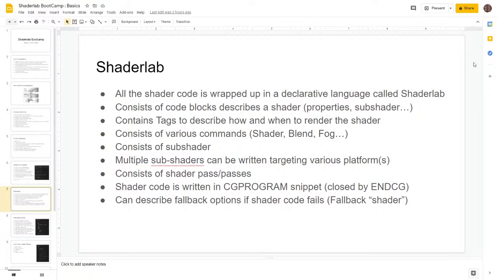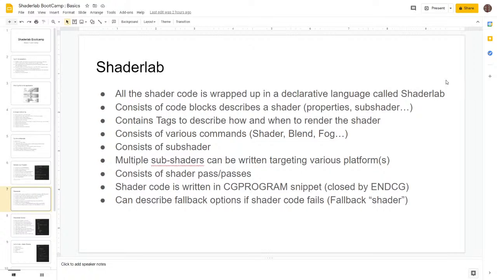This is where your CG program will go. The CG program you saw earlier was basically a piece of programmable function pipeline modification that goes inside a pass. Let's understand it like this: you now know how to write a CG program. You just have to take that piece of code and write it inside a pass. The best part is you can have multiple passes that you can blend.